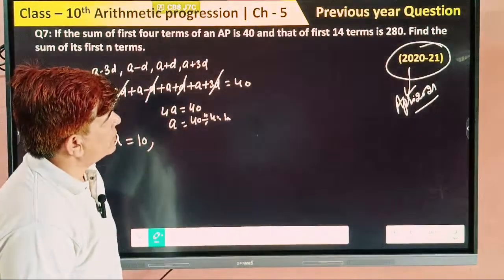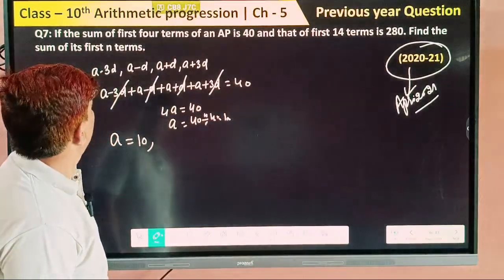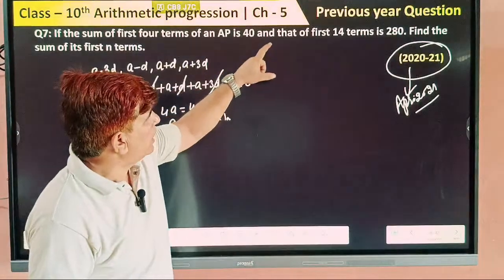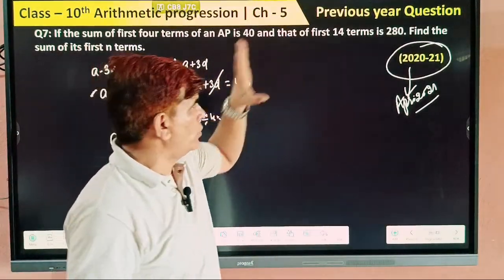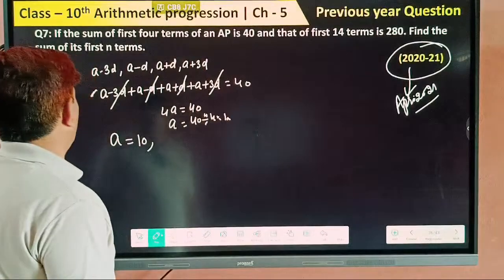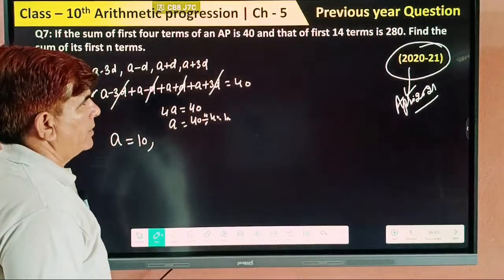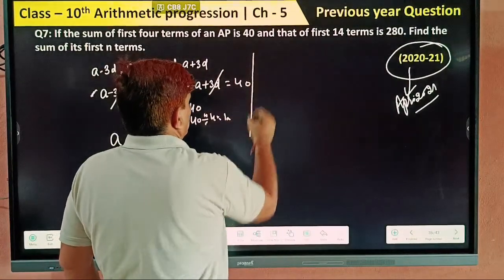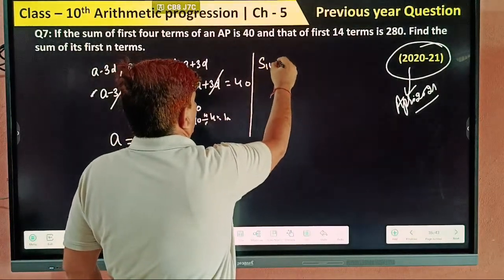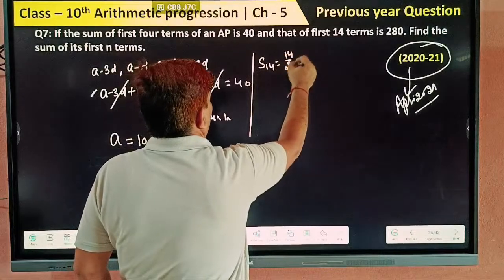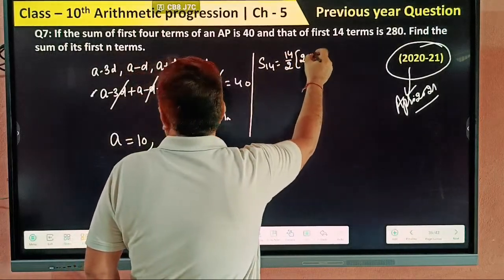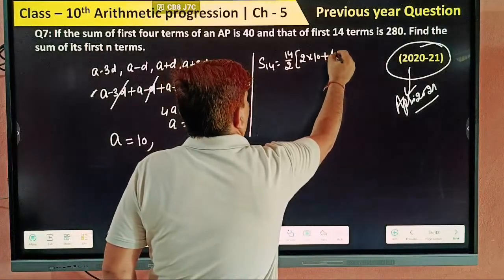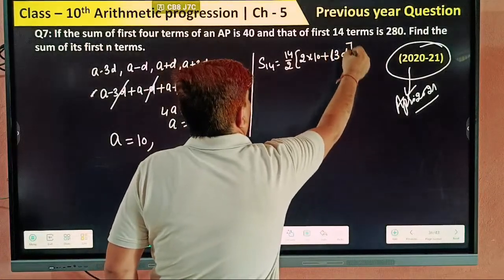And the sum of the first 14 terms is 280. Find the sum of its n terms. 14 terms means S14. S14 is equal to 14 by 2, into 2a, which is 10 plus 13d.